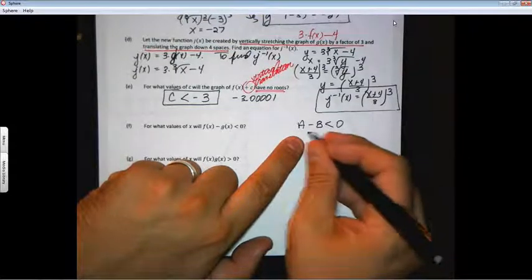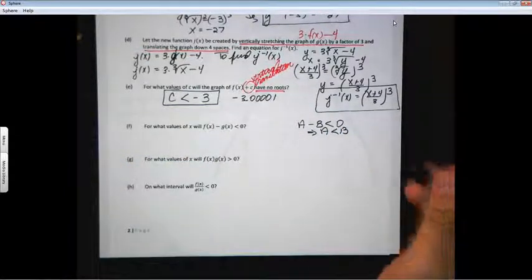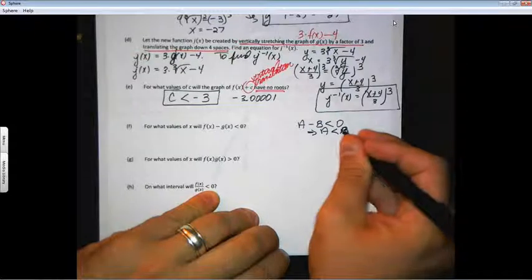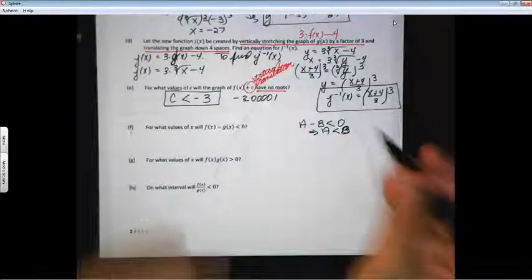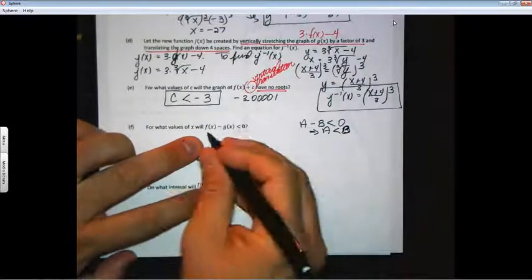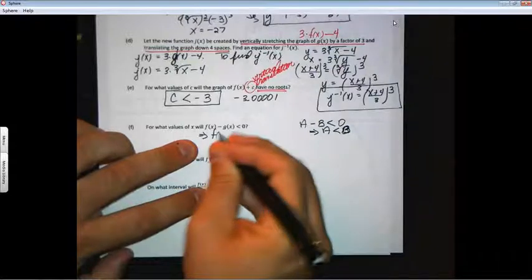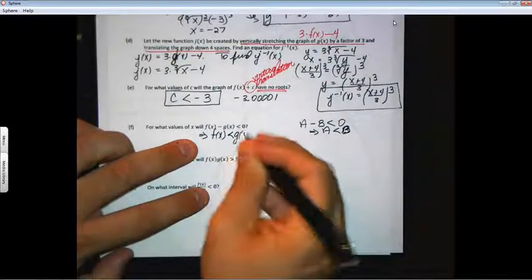Okay. F, G, and H get a little trickier. In part F, we are asked for what values of x will f of x minus g of x be less than 0. Before we actually answer this question directly, I want to go off on the side and instead of thinking about functions, think about numbers.